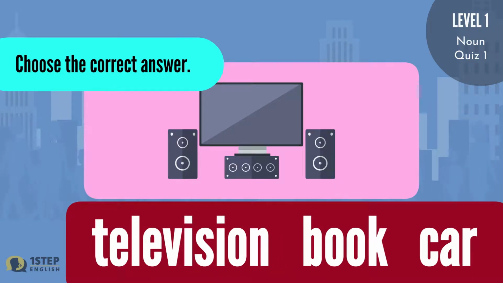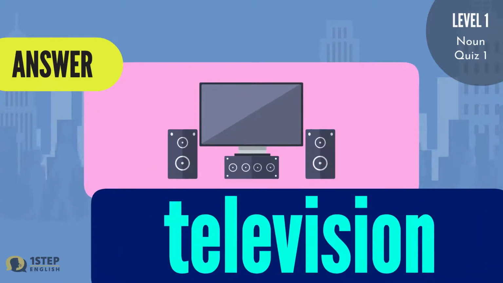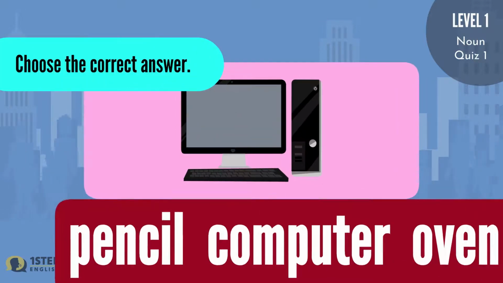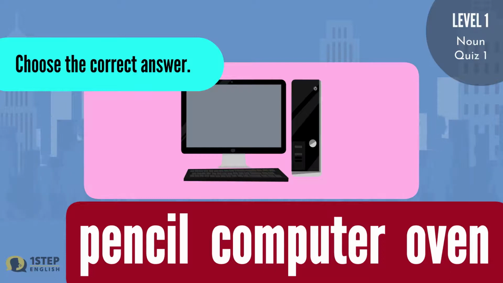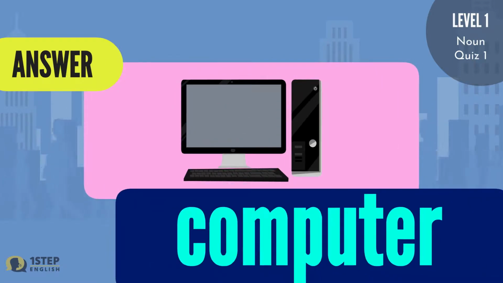What is this? The correct answer is television. What is this? The correct answer is computer.